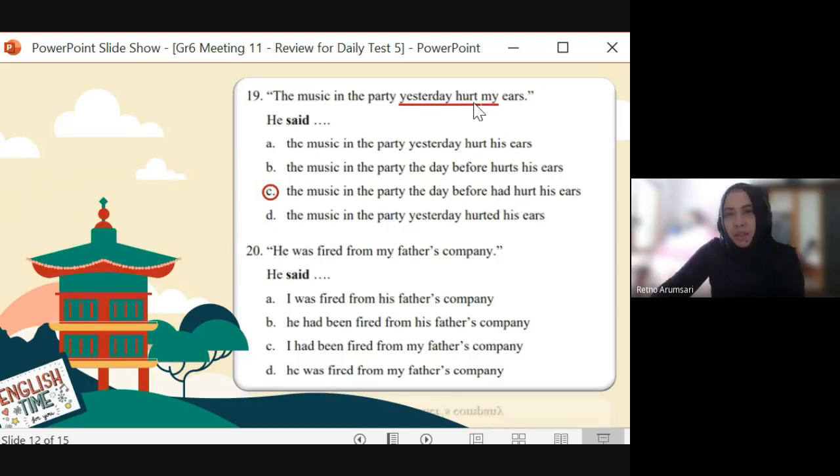How do you know that it is a verb 2? Because there is no S after the hurt. If it is a verb 1, you should put an S because the music is a subject. The music is an uncountable noun. That's why you need to put an S if it is a verb 1. But since it is a verb 2, you don't put an S here and you change it into had hurt. Okay, good. Thank you, Huto.